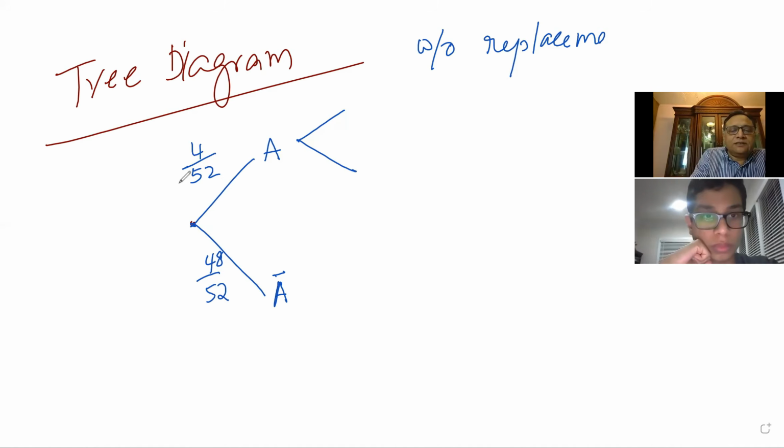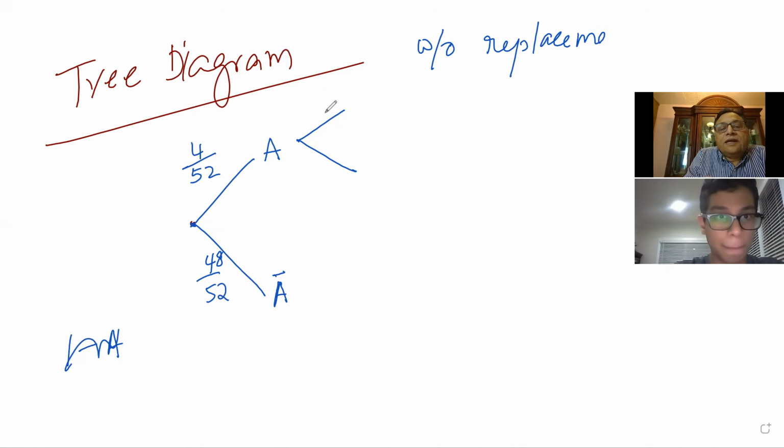So this is another way of writing. We say 1 minus A, right? So I should not write A; I should write probability of A. Okay, so we're mixing up. Anyway, now getting an A again really means that there are only 3 A's, and we have 51 cards left.